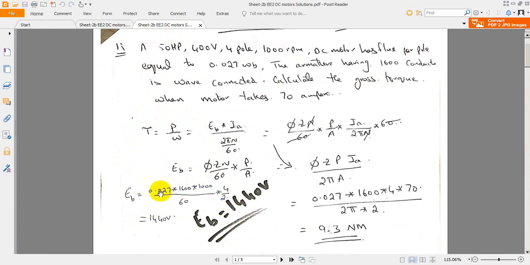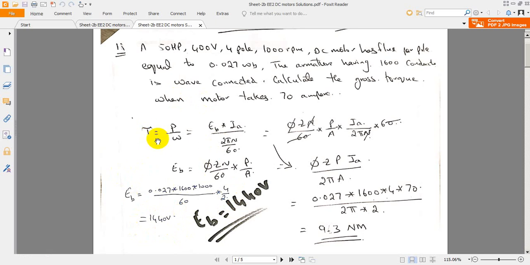Here 0.027 is the flux, Z is 1600 as specified, the rated speed given here is 1000 RPM divided by 60, into P divided by A. Number of parallel paths: it is wave winding, so A is equal to 2. If we calculate this, back EMF will be 1440.